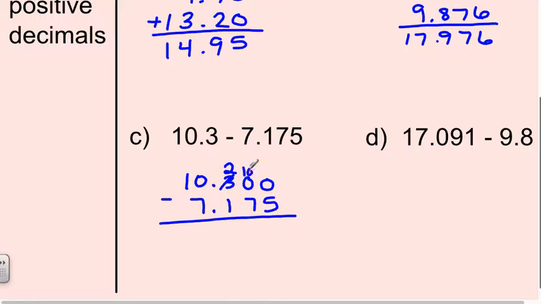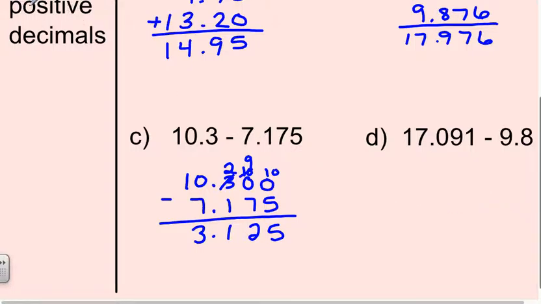It gives me 10 hundredths. Remember that from before. 1/10 is the same as 10 hundredths. Now I need to borrow from the hundredths to give me 10 thousandths. And now I can subtract and get my answer.